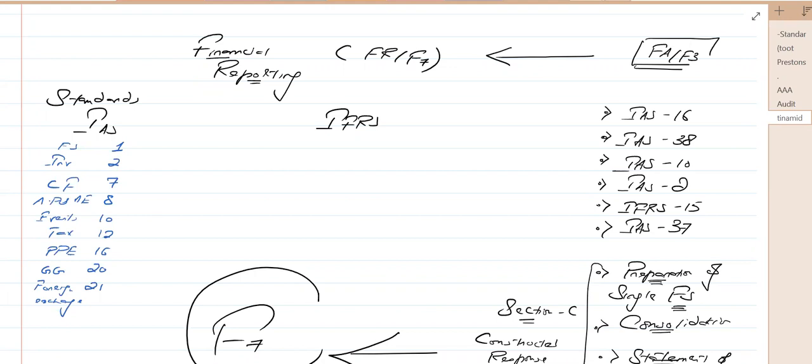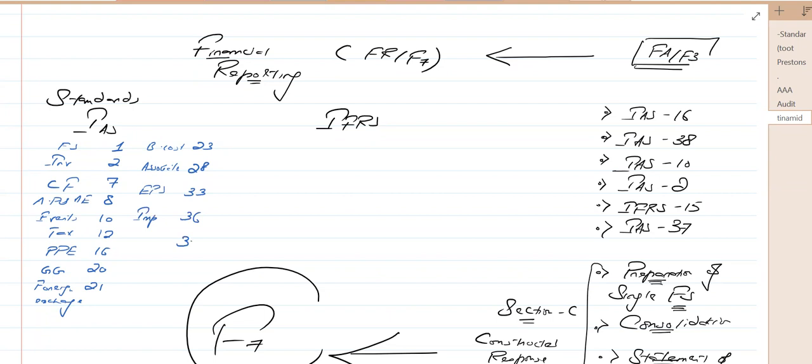Okay, then moving further, you have IAS 23, which is borrowing costs. Moving further, you have IAS 28, which is accounting for associates. Then you have IAS 33, which is earnings per share. Then we have IAS 36, which is impairment.